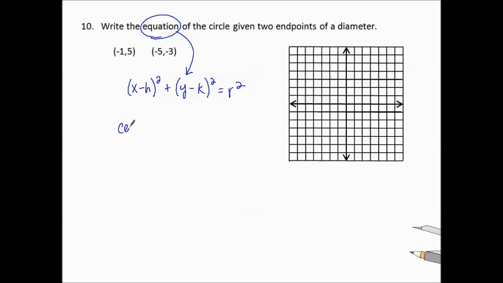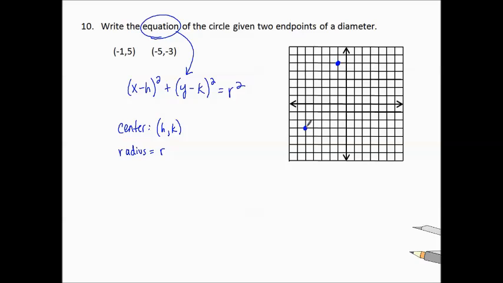Well, the center, because that's the (h, k) part, and the radius, or the radius squared, ultimately. Let's see if graphing will help.